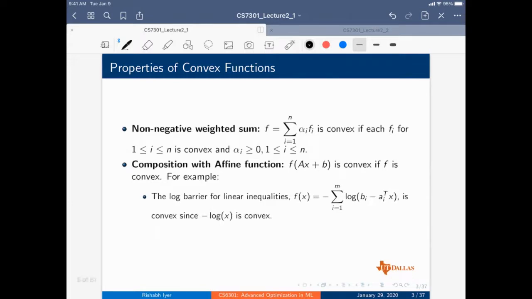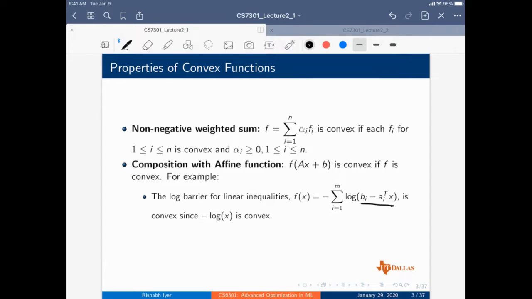Okay. So an example of this is this log barrier. You have b_i minus a_i transpose x for all i, which is essentially an affine function. And minus log of x is convex, so that's why this log barrier is actually a convex function.